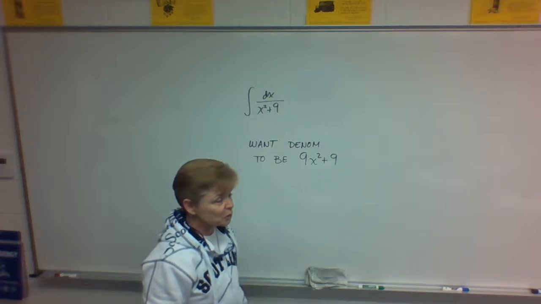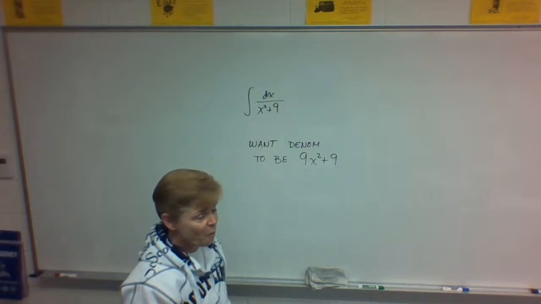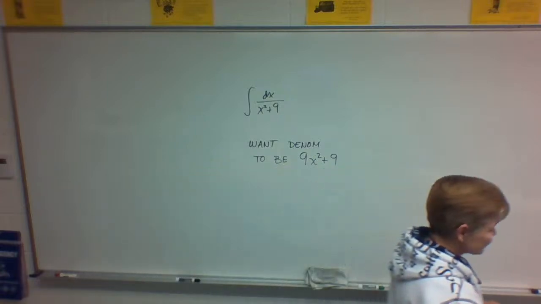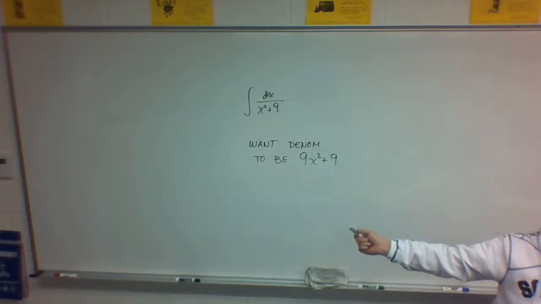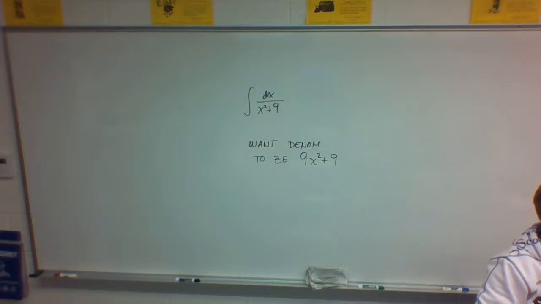Can we use a u substitution to force the issue? Do you understand that this is what we want? That's what we wish we had, because we can factor the 9 out and have 1 over x squared plus 1, which is the derivative of inverse tangent. You see that? That's what we want.